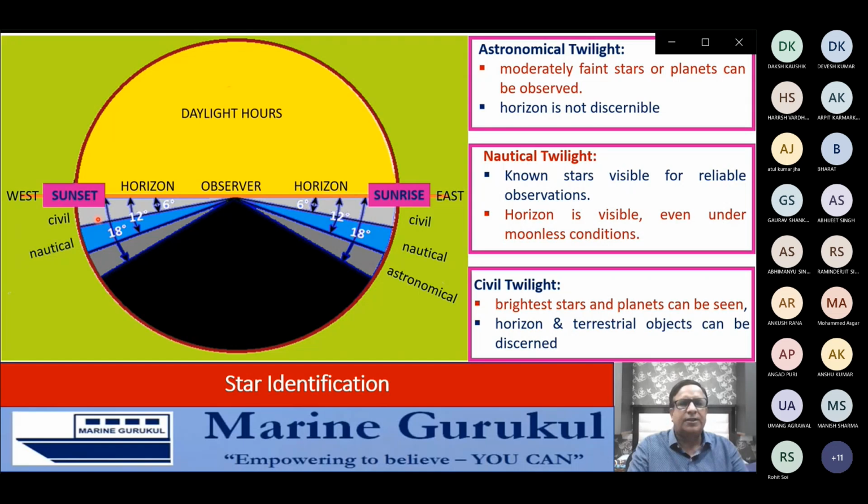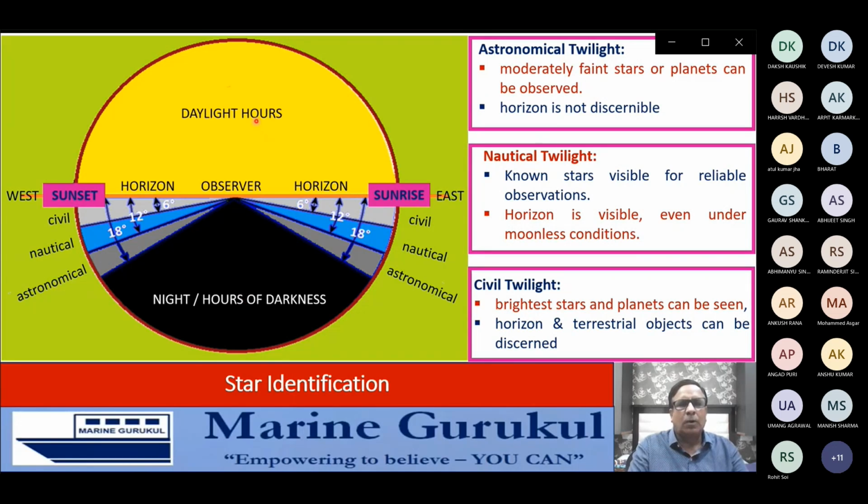When the sun center reaches 12 degrees below the horizon, that's the end of nautical twilight. And when the sun center reaches 18 degrees below the horizon, that is the end of astronomical twilight. And now you have the night or the hours of darkness.